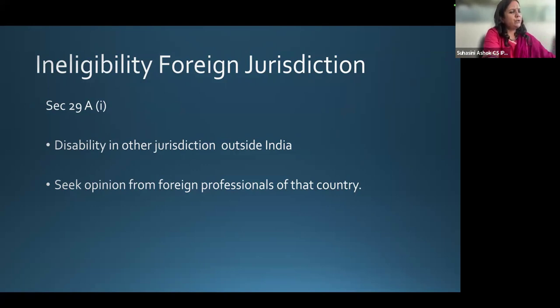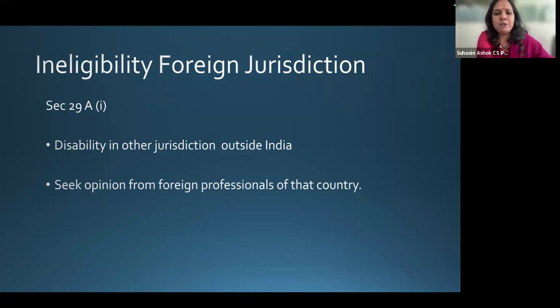So if you read Section 29A(i), it says, go down. Yeah, it's here only. Is subject to any disability corresponding to clauses A to H under any law in a jurisdiction outside India.